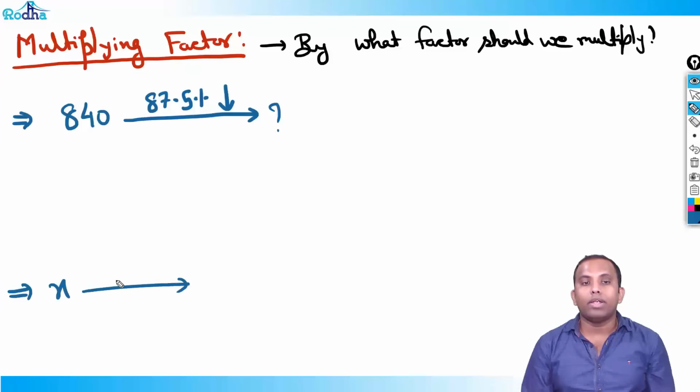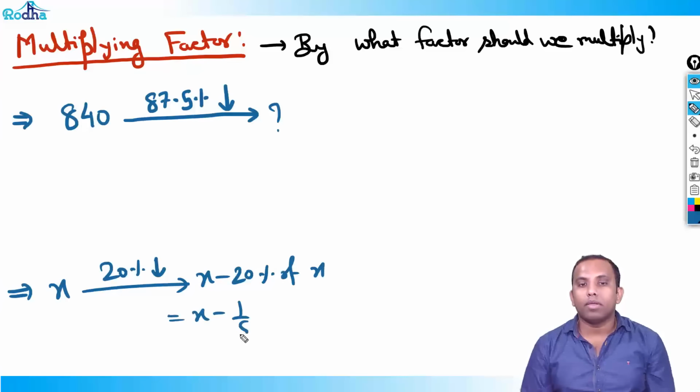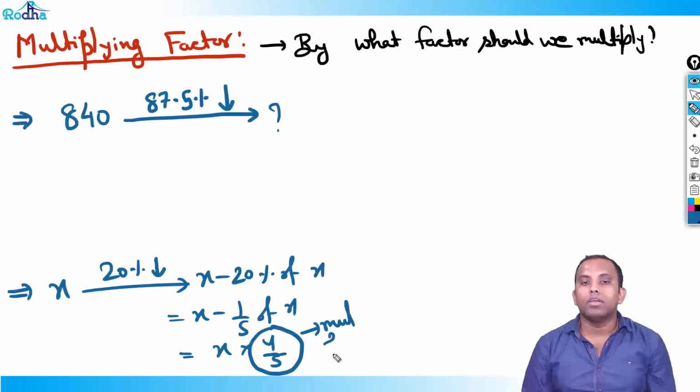I'm decreasing 20% on x. What is the result? You can write the result as x minus 20% of x. This is what you'll write normally. X minus 1 by 5 of x. This becomes x into 4 by 5, right?